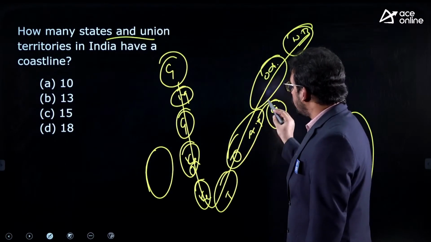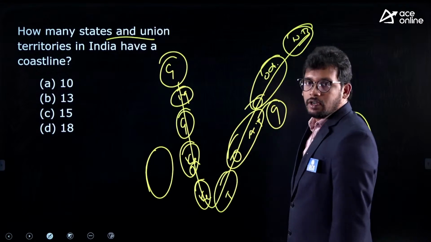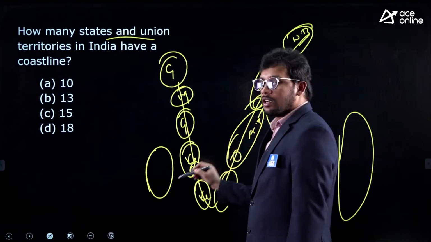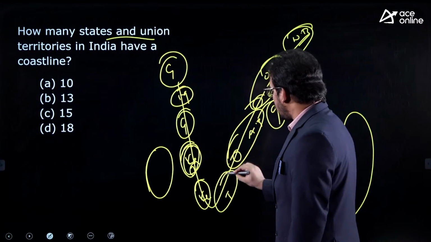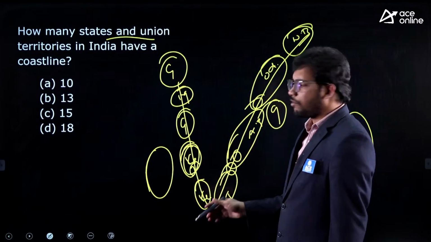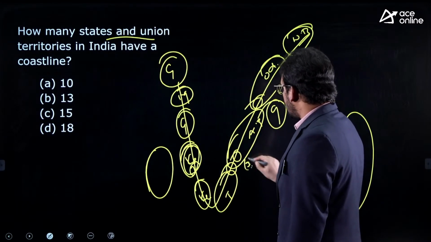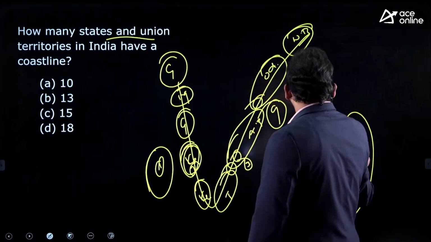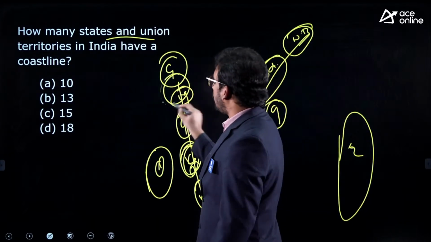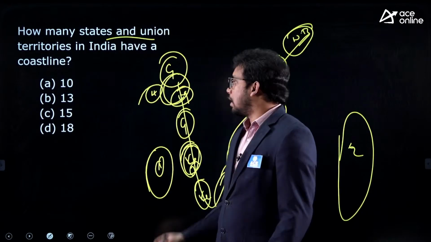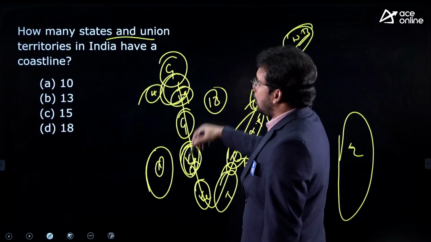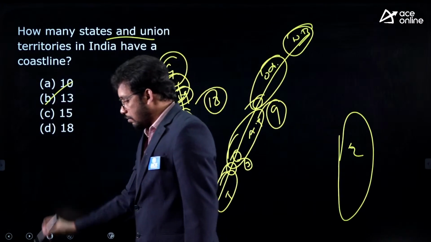So this is the third one, and we have Daman Diu as well. So total 4 union territories and 9 states. So total 13 are there. Answer is B.